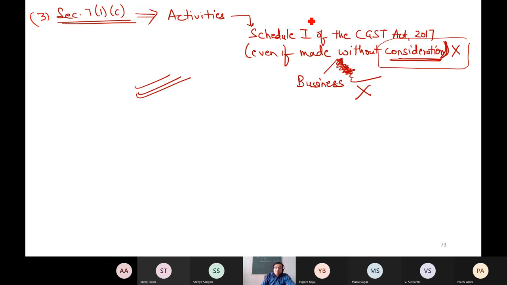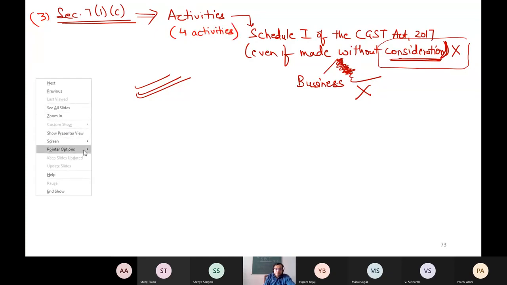Now remember that there are 4 activities mentioned in this schedule. So let me discuss my first activity. See, it's not easy to treat something as not a supply. Government has made sure that every activity is supply, just like government has made sure that everything you earn is income under the Income Tax Act. Normally everything will be supply except in highly exceptional circumstances. Otherwise, it's not easy to say that it is not a supply.